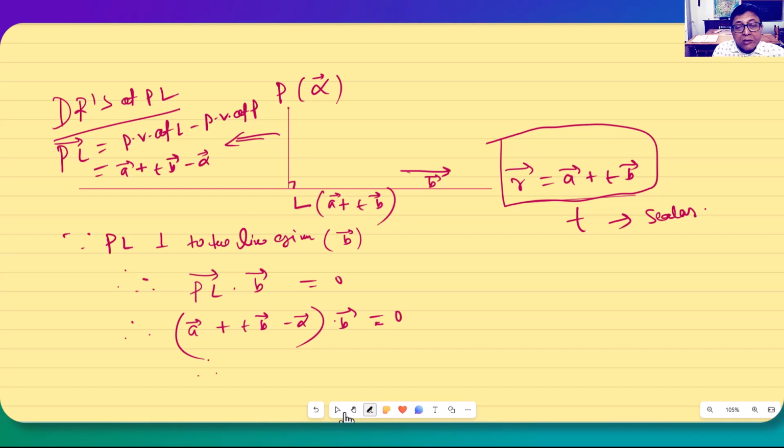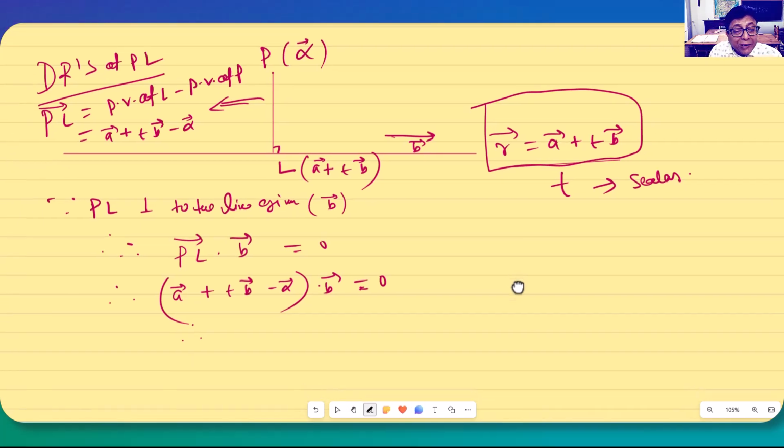So we need to get the value of T. This will ensure the point L we have got. Okay, how to get it? You just take the dot product. You separate this: A minus alpha dot B plus T B dot B equal to 0.